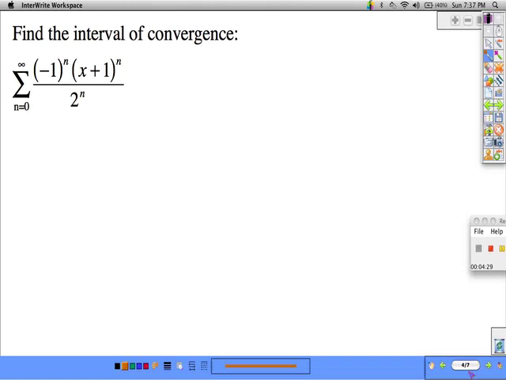Second example, we're actually going to find the interval of convergence now. So first we have to find the radius of convergence. So ratio test we go.